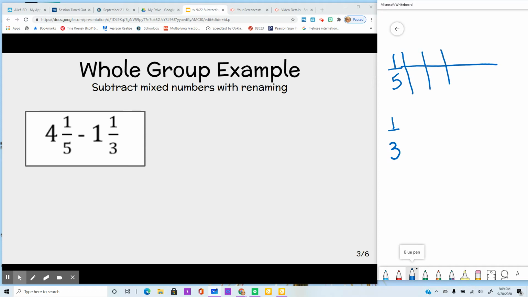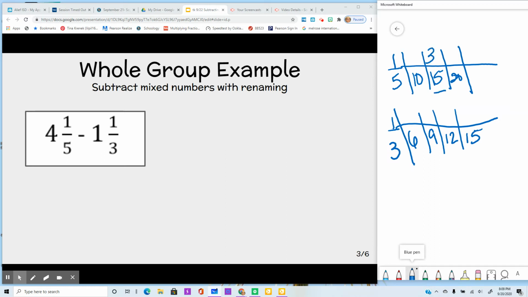You think you know what your common denominator is going to be? 6, 9, 12, 15. Hopefully you said 15. So that makes 3/15 and 5/15. Those are our equivalent fractions.